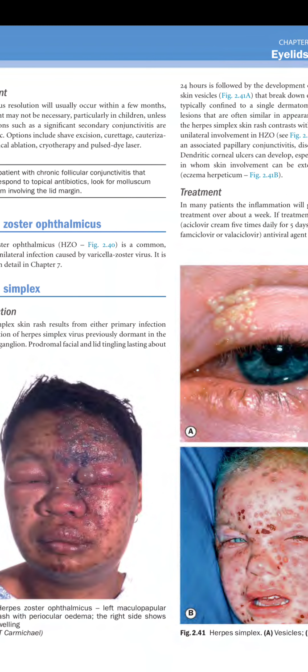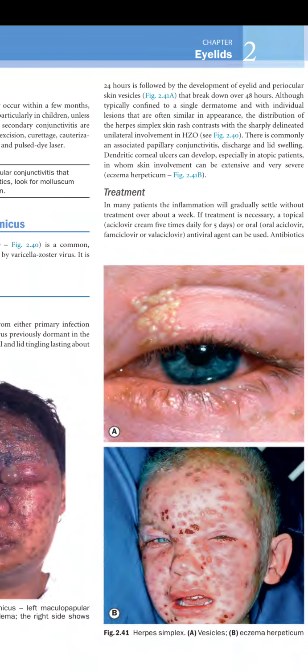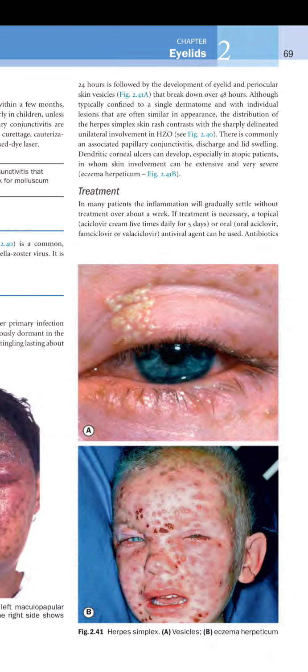Prodromal facial and lid tingling lasting about 24 hours is followed by the development of eyelid and periocular skin vesicles that break down over 48 hours, although typically confined to a single dermatome and with individual lesions that are often similar in appearance. The distribution of the herpes simplex rash contrasts with the sharply delineated unilateral involvement of herpes zoster ophthalmicus.